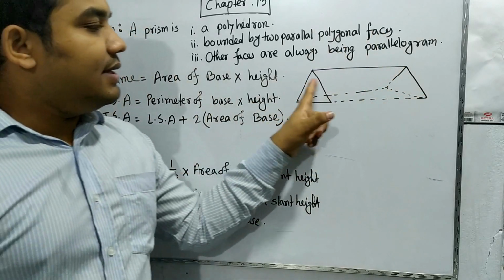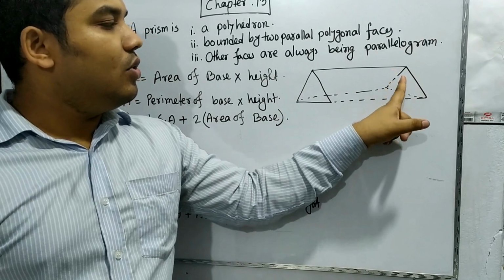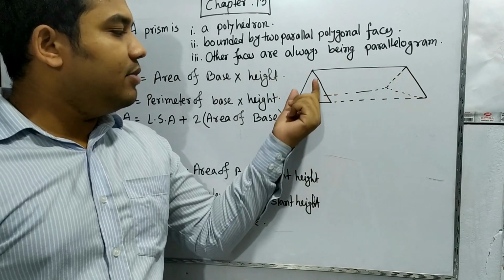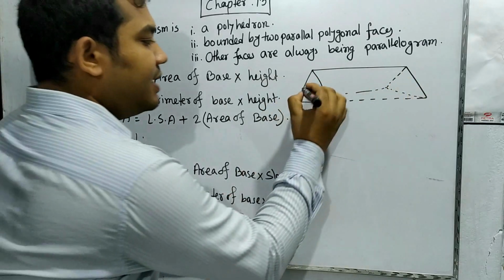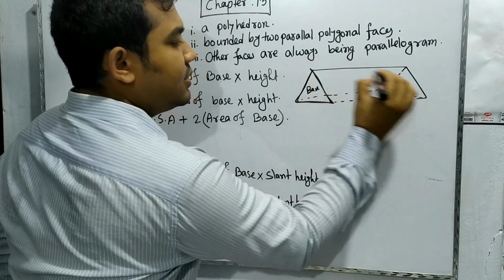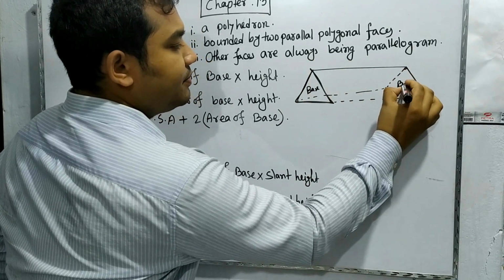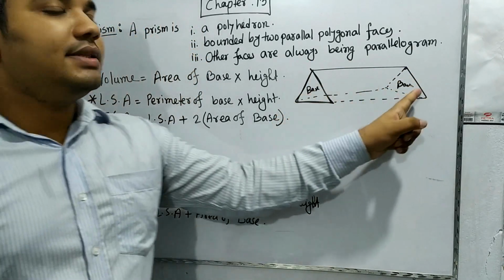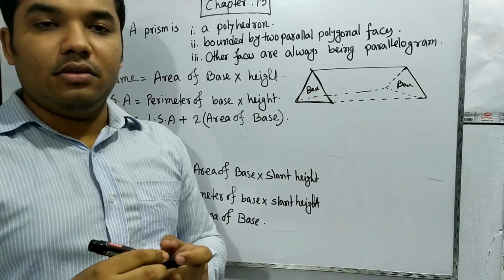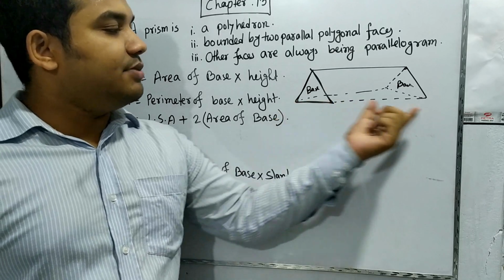There is no rule that the base must be the same everywhere. Here the base is this, and this is also a base. The base can be a polygon, so there is no hard rule that it must be a triangle.